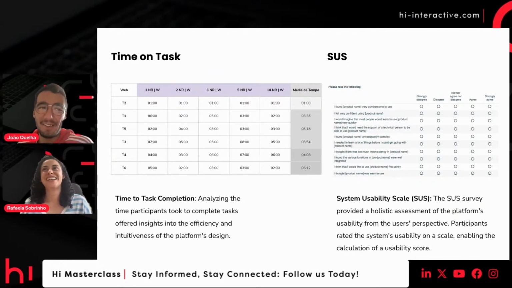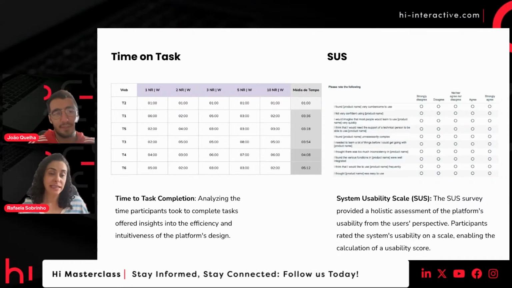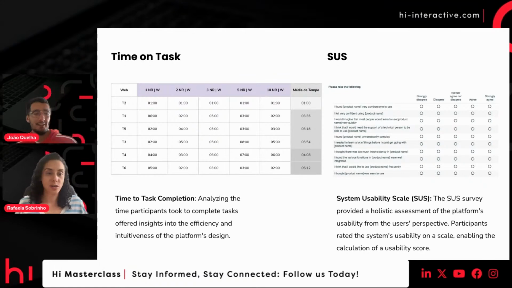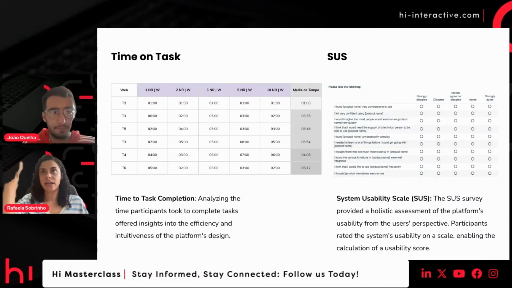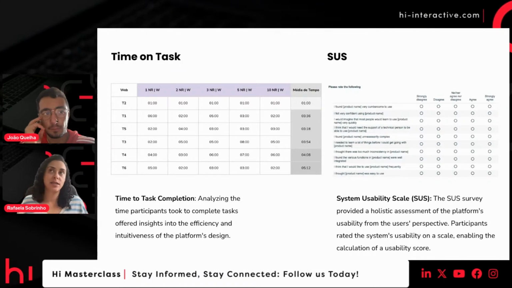At the end of the usability test, we do the System Usability Scale. That's a survey, and our participants need to complete this form. Here you have some sentences, and they need to say if they disagree or agree.